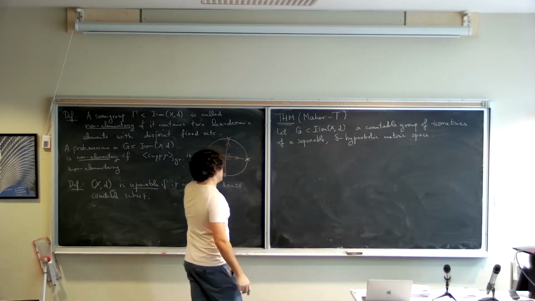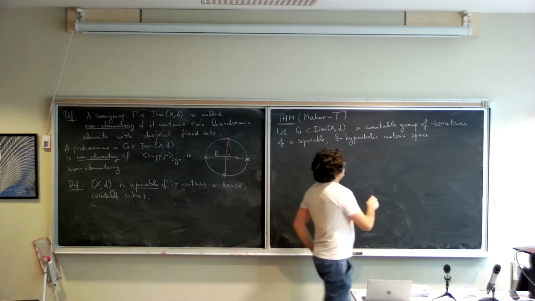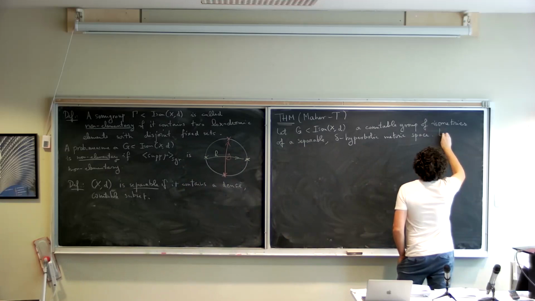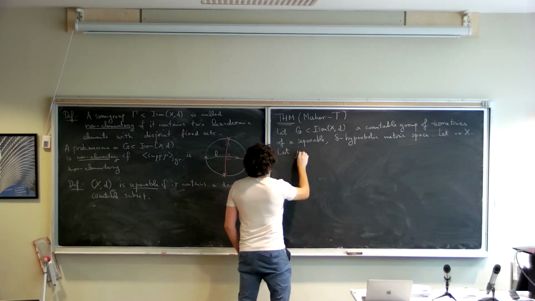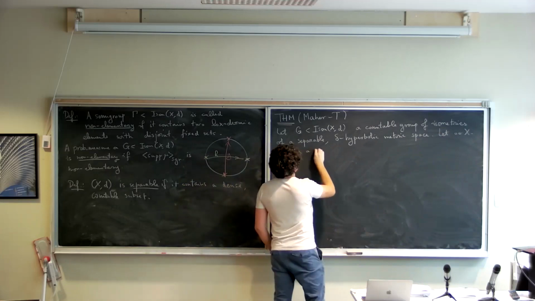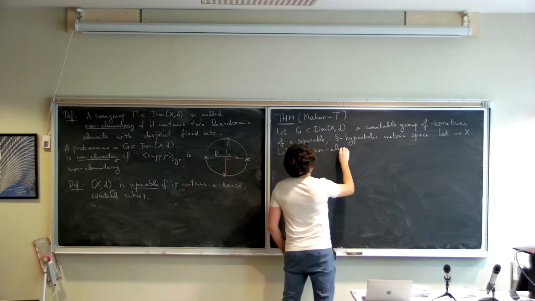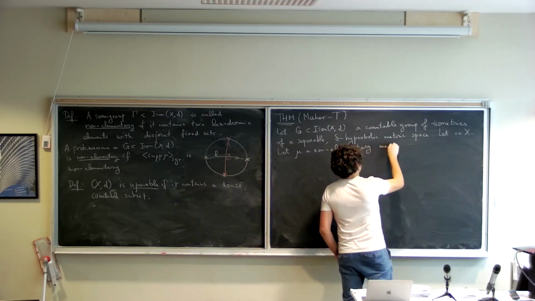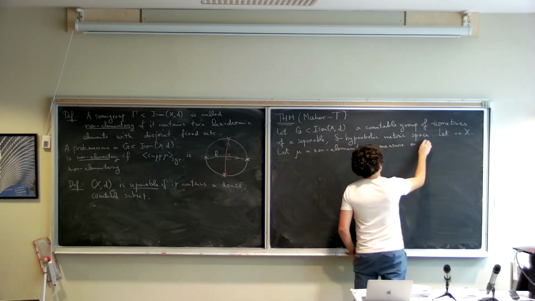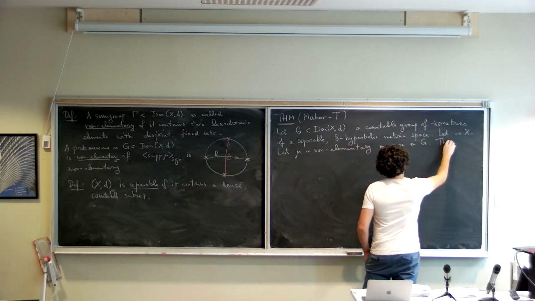Okay. So, we take our base point and let mu be a non-elementary measure on G. Then what?